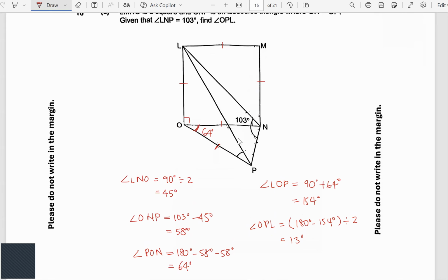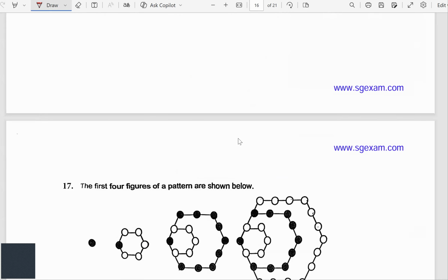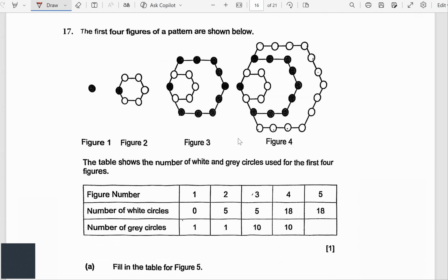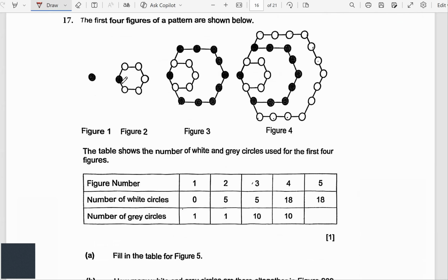Okay, last question, which is a hard one. It's a hard patterns question. First four figures are shown. You have a table here showing white circles, gray circles. For part A, you need to fill up this.